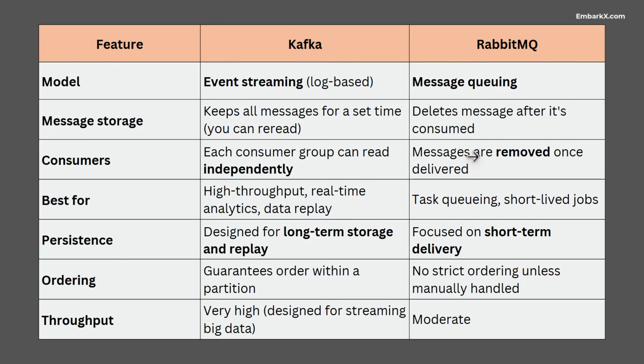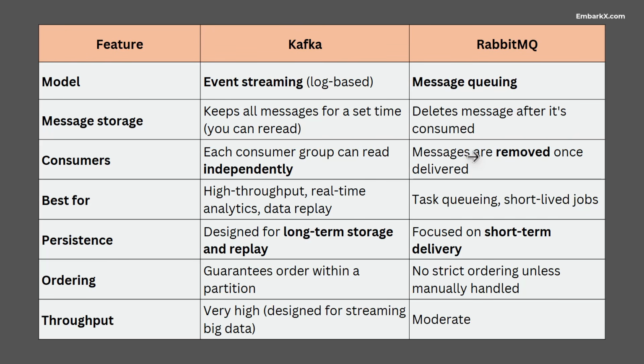But RabbitMQ is good for task queuing and short-lived jobs. Persistence: Kafka is designed for long-term storage and replay, but RabbitMQ is for short-term delivery. This is something that we already saw: RabbitMQ deletes the messages. Ordering: Kafka has the concept of partition. If you're not aware of partition, don't worry, we'll come to that.